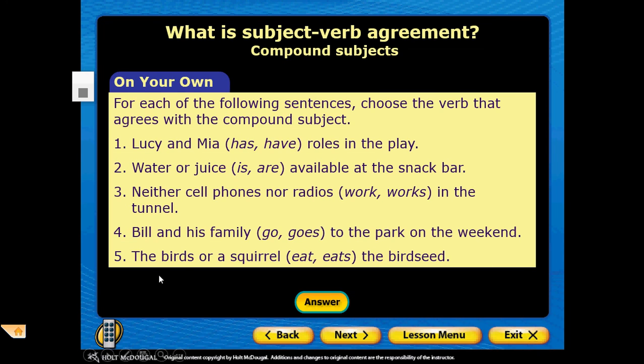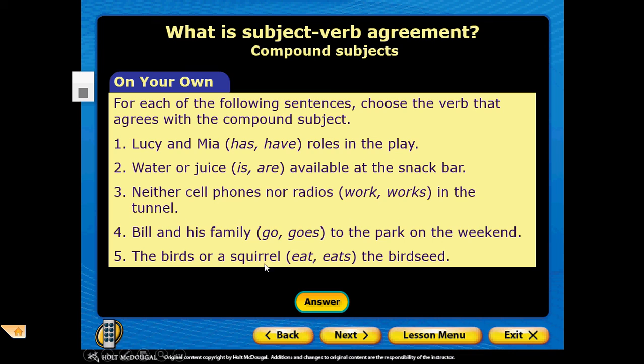The birds or a squirrel eat or eats the birdseed. This is a bit confusing, but remember the golden rule: if there is an or, we normally go with the nearest subject. So where is the nearest subject here? Squirrel. How many squirrels are we talking about? Only one.